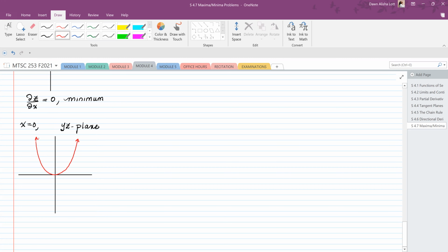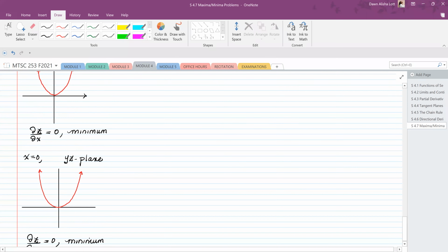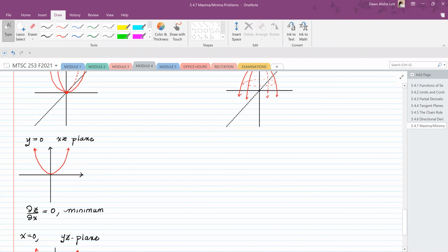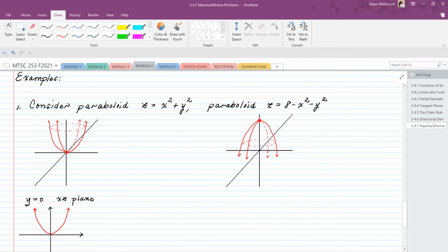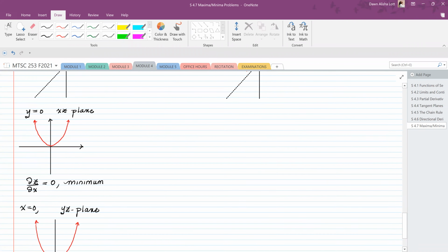And so again, the partial of z with respect to y is equal to 0. And again, we have a minimum. Okay, so that takes care of that one. But how about the one on the other side?